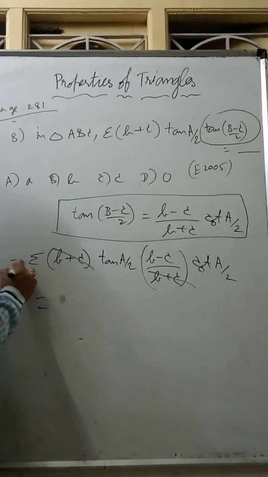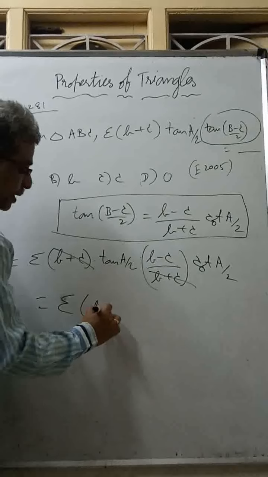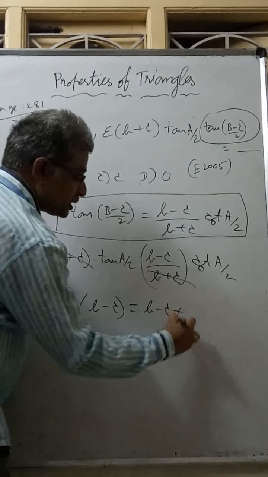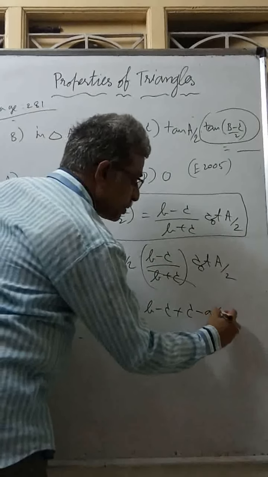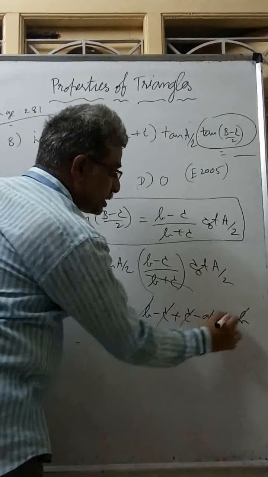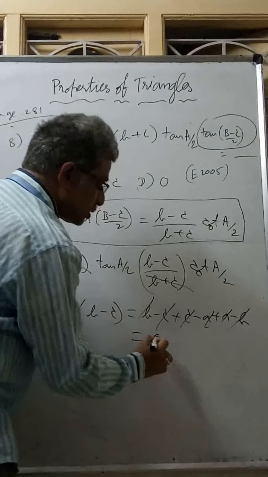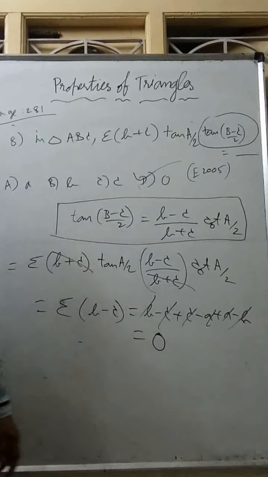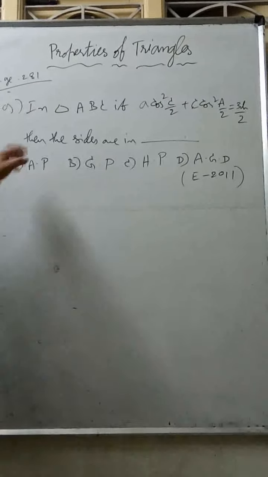So finally it becomes sigma of (b minus c). If I open the sigma, b minus c plus c minus a plus a minus b. So b cancels, c cancels, a cancels, final result is 0. So our option is D, 0.